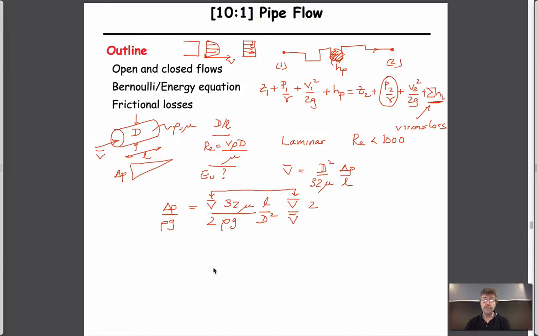So now what we're going to do, let's gather some terms. This term is P over rho g, which is the same as HL, right? This is really what we're attempting to do. And it's a function of v squared over 2g.